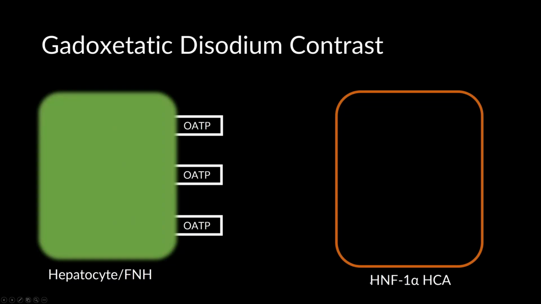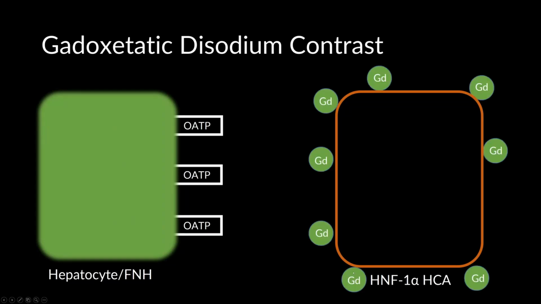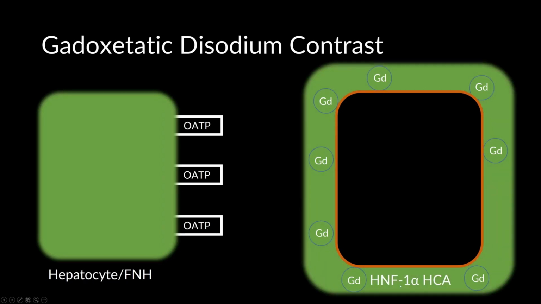So when we are dealing with an adenoma, namely an HNF-1-alpha adenoma, these do not have those proteins, and so the gadolinium cannot get inside of the cell, and the enhancement pattern is that there is no uptake on the hepatobiliary phase.